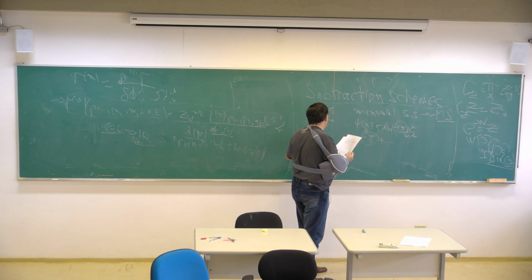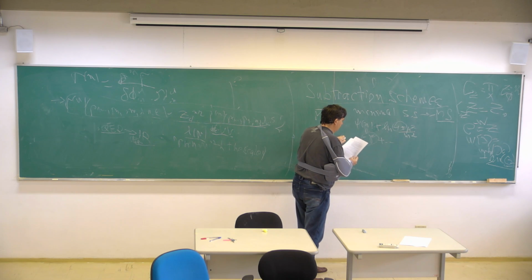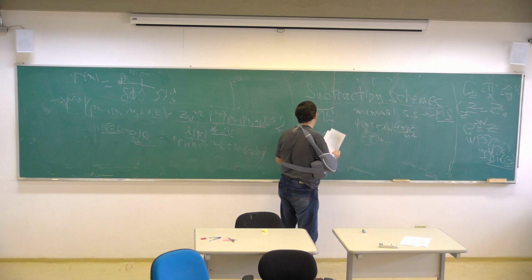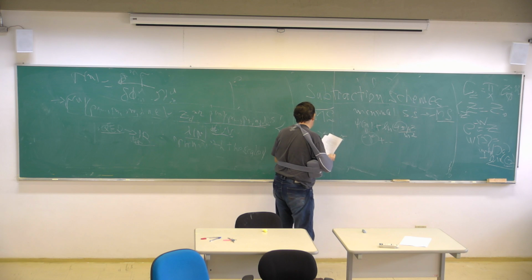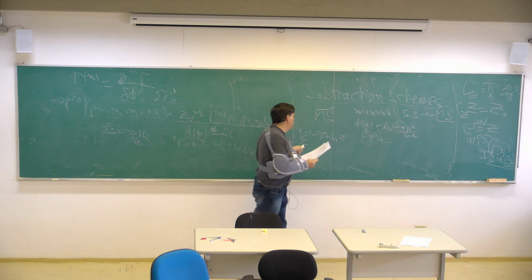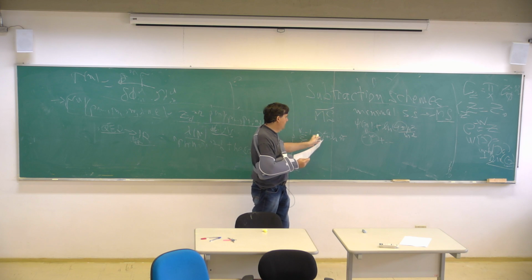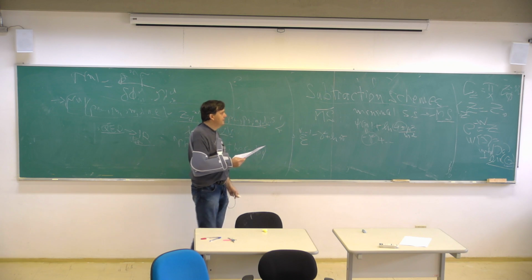So this is subtracting minus gamma plus log 4 pi. So you subtract the infinity and minus gamma plus log 4 pi. That's called MS bar.